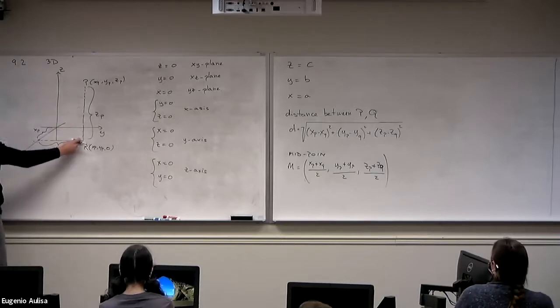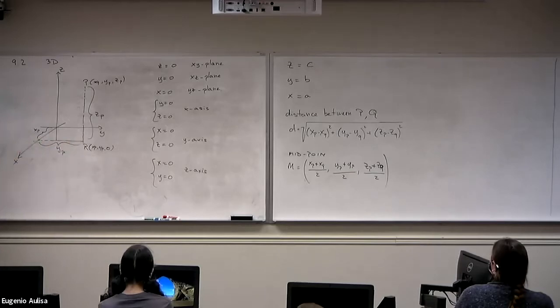Then you take this point and you project it on the x-axis. So this is going to be the point xP, 0, 0. And this distance is exactly yP. And the intersection on the x-axis is exactly xP. Okay? So I did it in the order X, Y, Z, but you can change it.